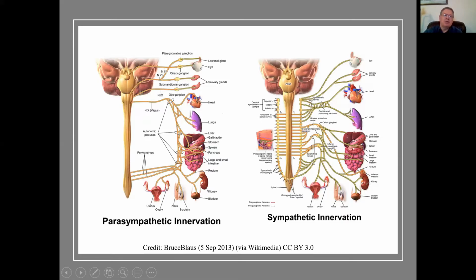So many of the self-regulating or automatic functions of the autonomic nervous system are controlled by nuclei in the brainstem. So basically, in this region here, this is the pons here, medulla here, the midbrain here.